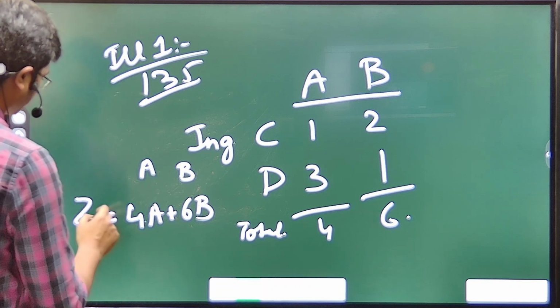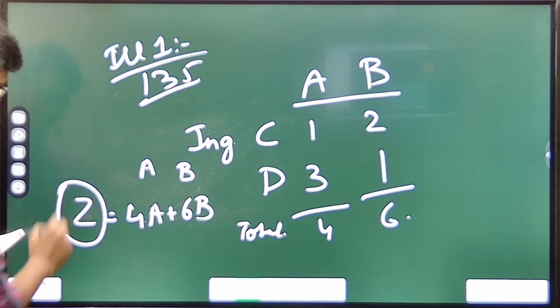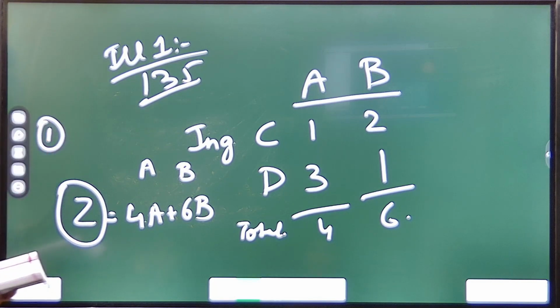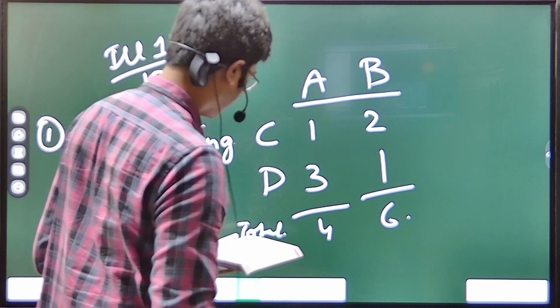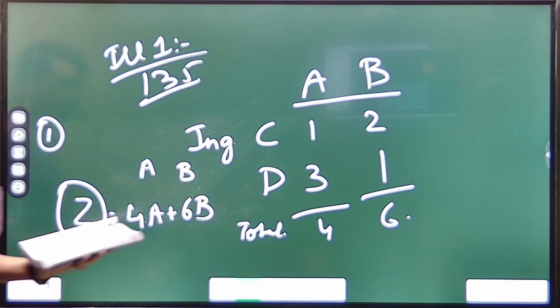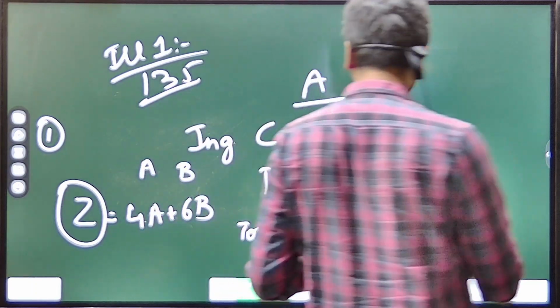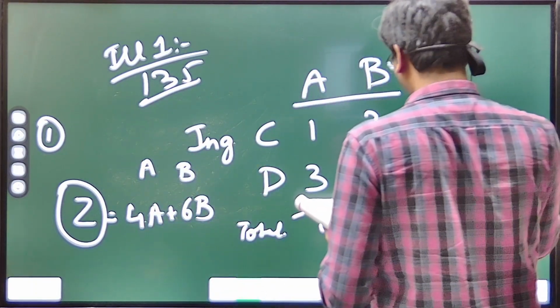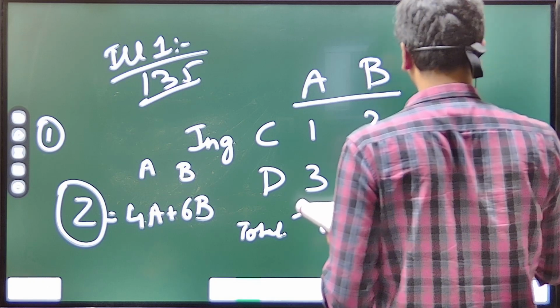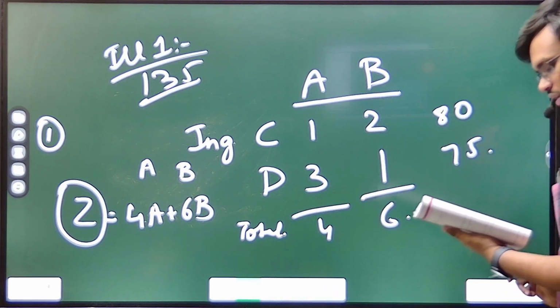So what is the minimization of cost? This is your step 1, the objective function. Whatever he is asking, that is your objective function. And now he has given you a constraint. He says the minimum quantity of C is 80 and D is 75.